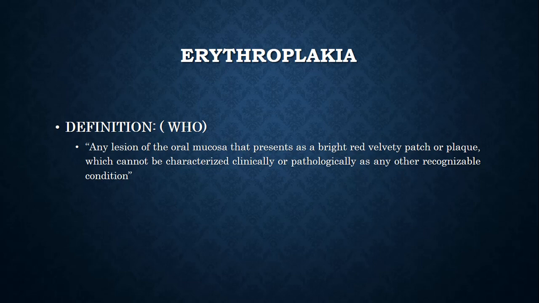The second lesion is erythroplakia. According to WHO, it is any lesion of the oral mucosa that presents as a bright red velvety patch or plaque which cannot be characterized clinically or pathologically as any other recognizable condition.